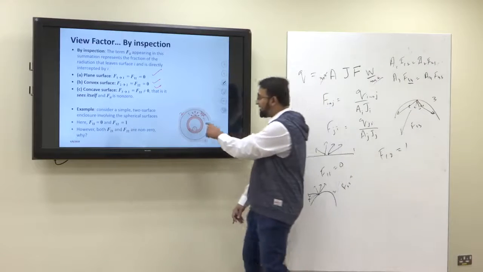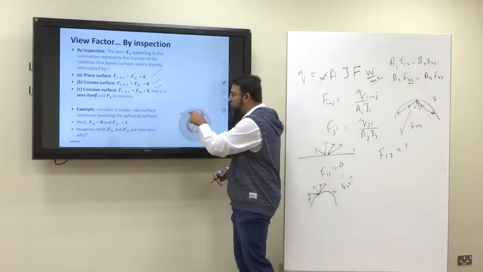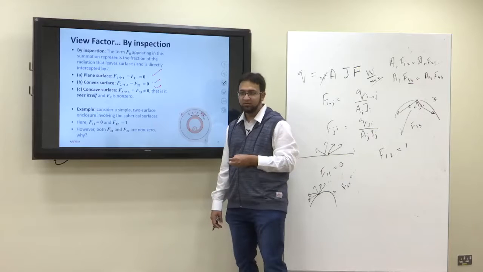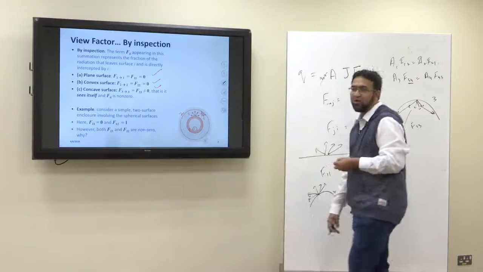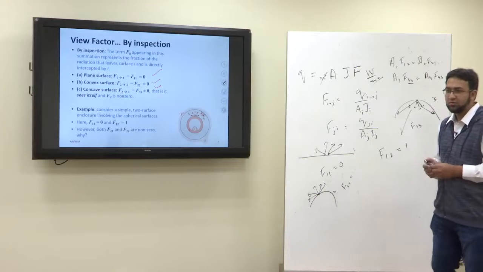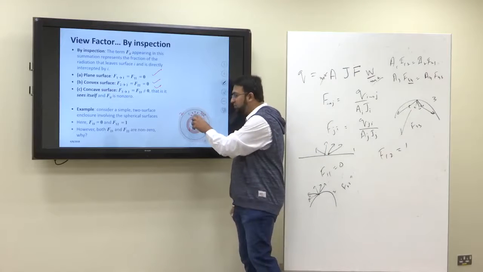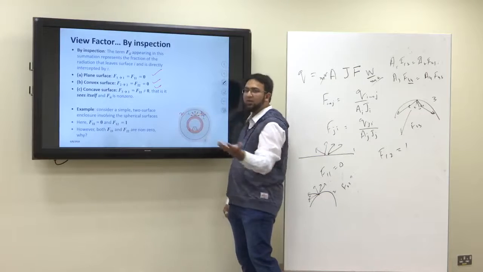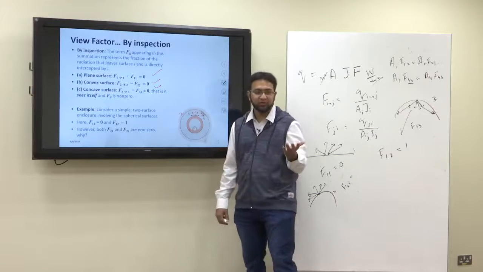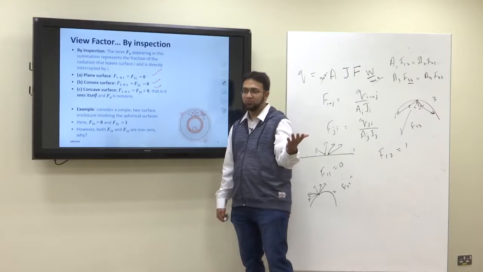All the radiation emitted from surface 1 has nowhere else to go except surface 2. Is it clear? This is how I am telling these numbers, just by inspection. Any radiation emitted by 1 cannot go anywhere else except reach 2. So the total radiation emitted by 1 will be reached by 2.